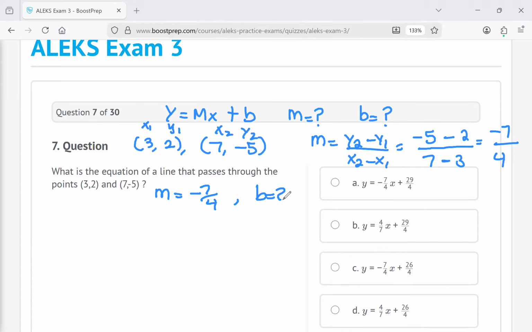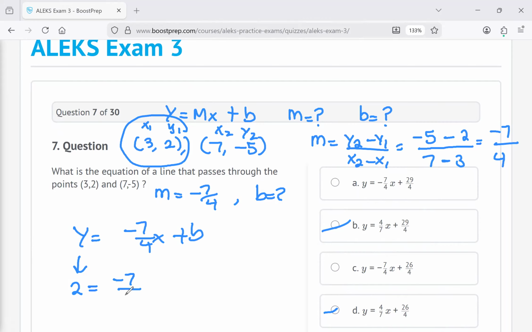Now, how do I find my b? What you're going to do is set it up: y equals -7/4 x plus b. So you can definitely eliminate B and D because they don't have the slope of -7/4. To find the b, you plug in a point that you have. It doesn't matter which one you use. If I use the point (3, 2), I replace my y with 2 and my x with 3.